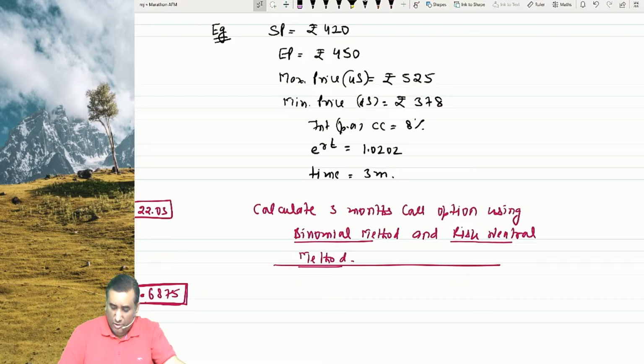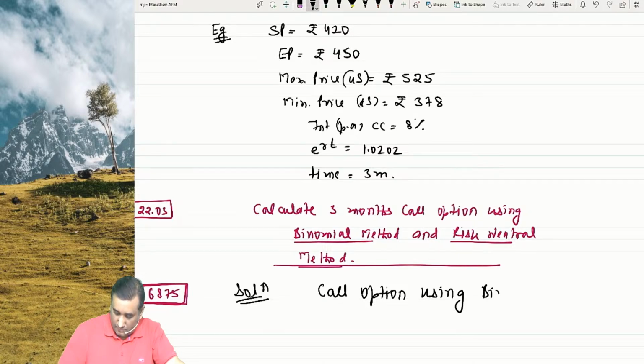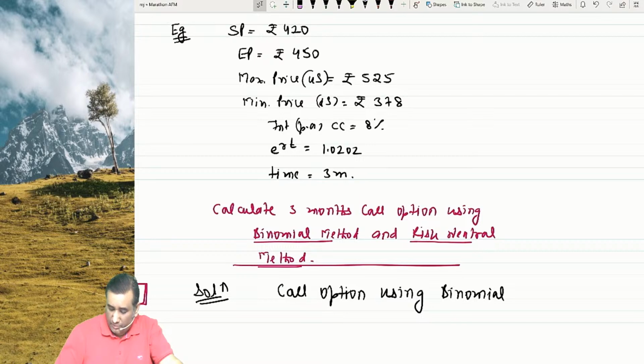Do the call option using binomial. Calculate what? Delta. When you go back home, for binomial they will be solving by risk neutral, even in the same question they're giving.